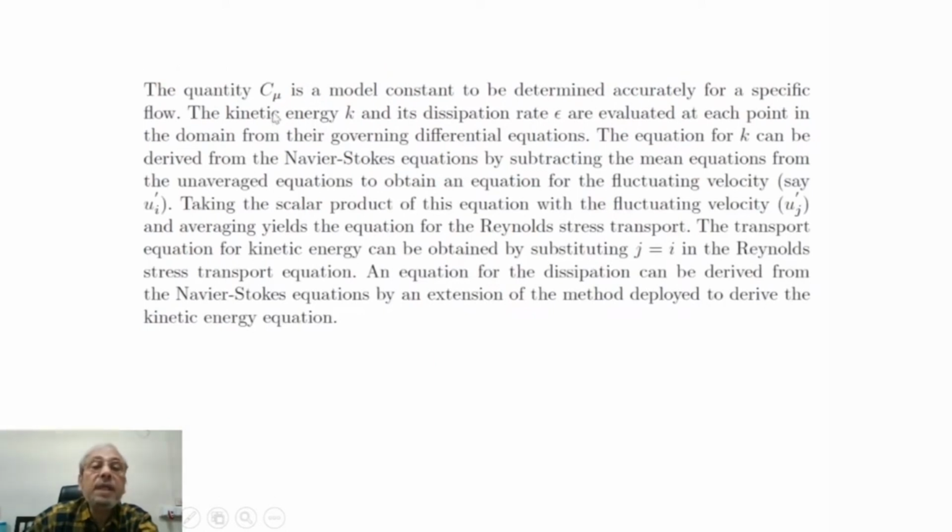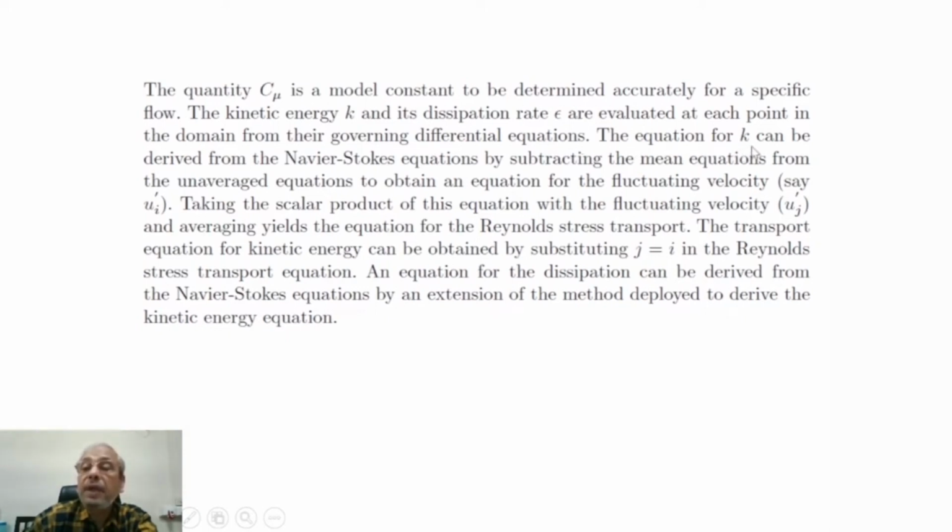Now, this quantity c mu is a model constant to be determined accurately for a specific flow. The kinetic energy k and its dissipation rate epsilon are evaluated at each point in the domain from their governing differential equations.